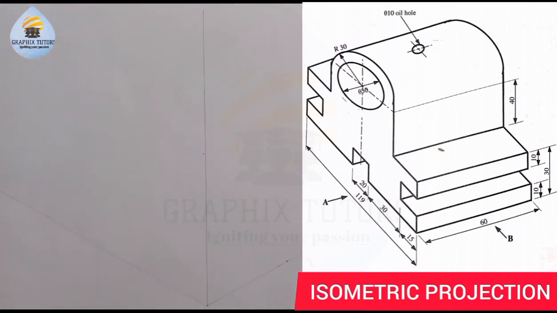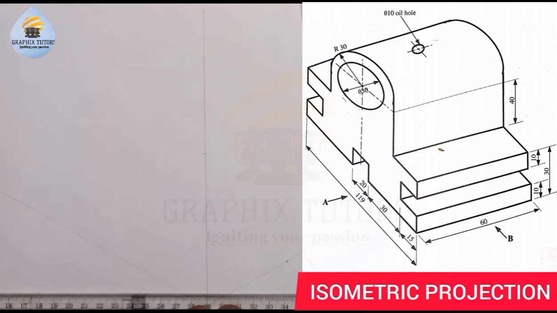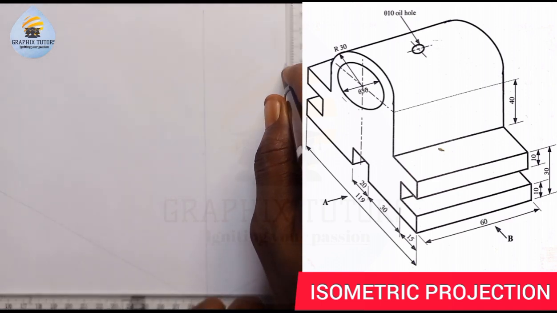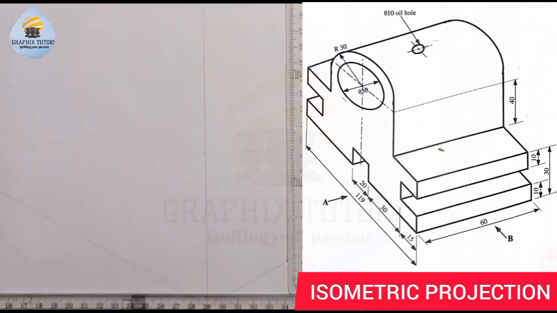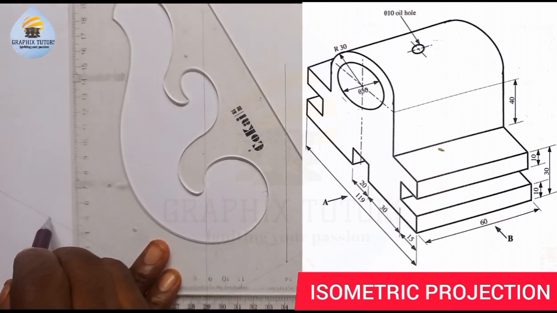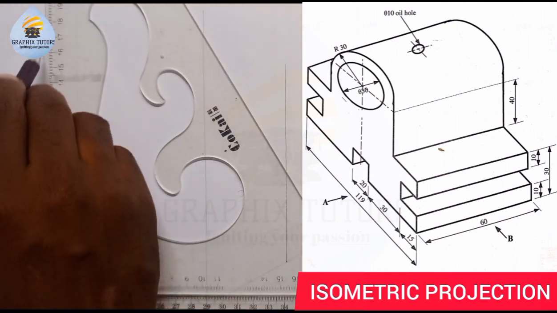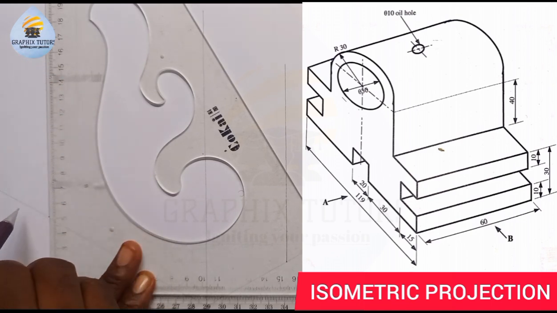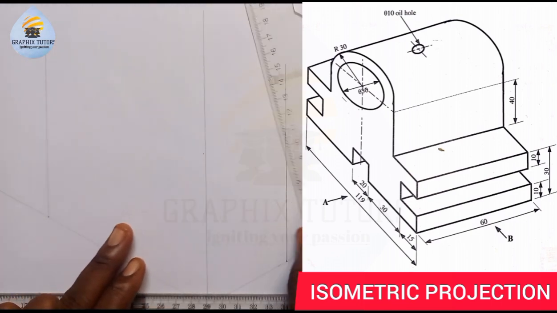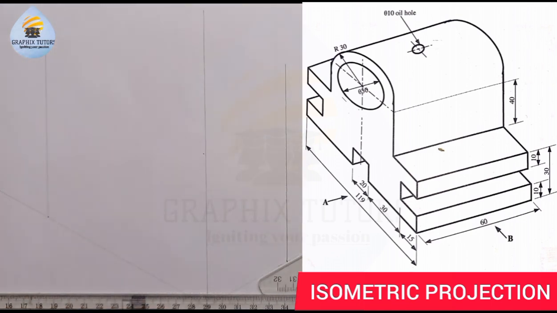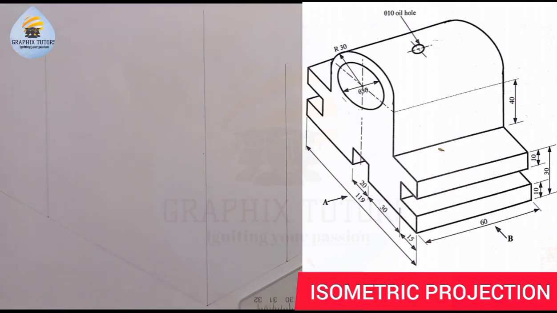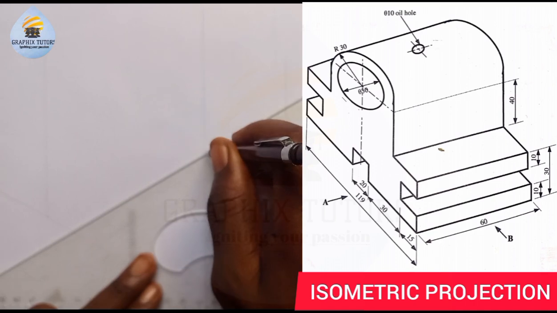Right? Then what I did here with the help of my t-square and my set square, I'm going to draw a vertical line on those points. Vertical line on those points. Right? Then what I did at the axis here, that I draw this line, I'll move it and draw the other line too.